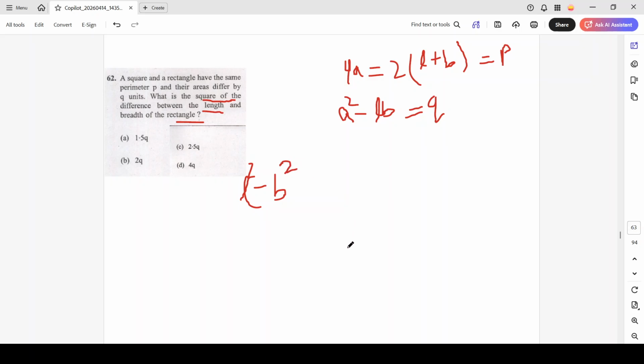Okay, so first of all, from here we can just cancel out 2 with 2, 2A is left here. So now if we square it, we get 4A square is equal to L square plus B square plus 2LB.